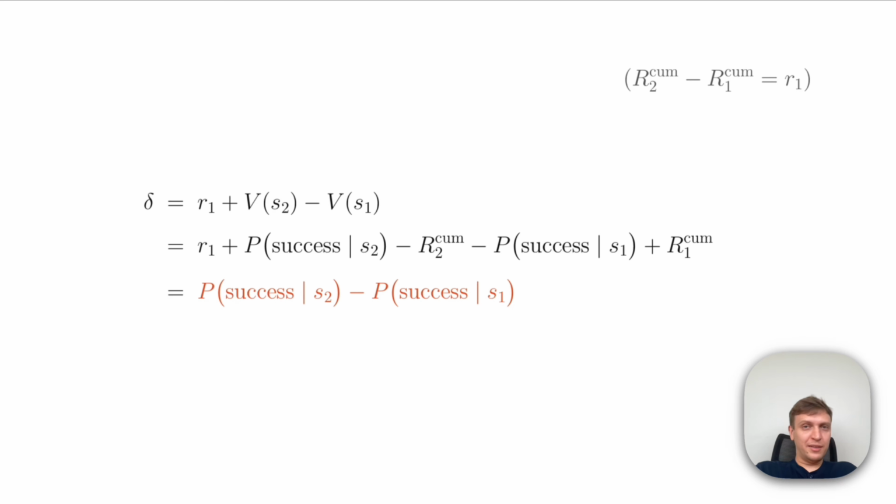At first, you may think that it's very good. It's a very simple, straightforward formula that is easy to use. But then if you think about it, it's actually a problem, because now we don't have our reward at all in this formula. So now our advantage doesn't depend on this reward that we just constructed. All this reward that we give for the partial completion, for the sleeves and so on, now it's not even part of the formulas.